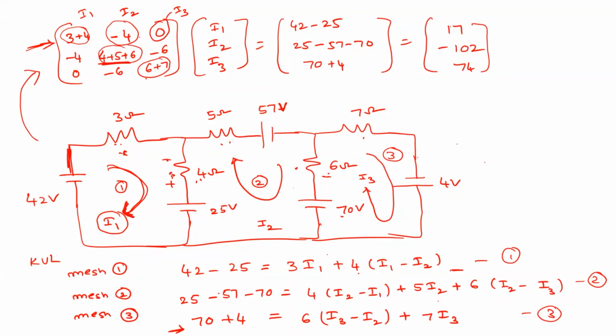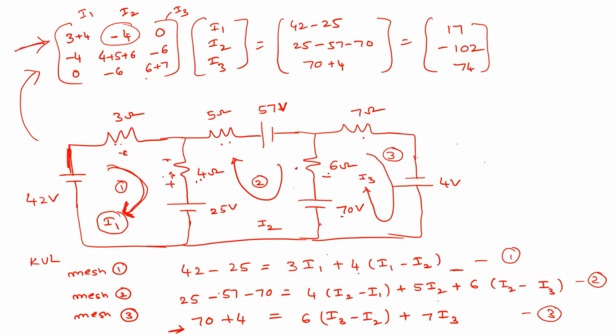Right. So next, mutual. Now this element is related to the mesh 1 equation, so mesh 1 and I2 current.